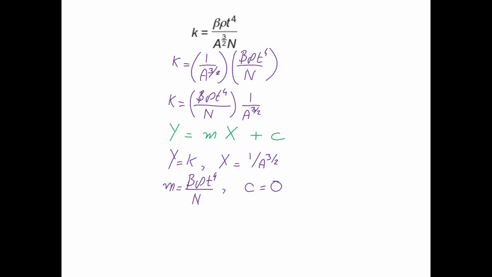K on one side, A separate, because I have to make it the variable. Now copy this. Okay, sir. Done.